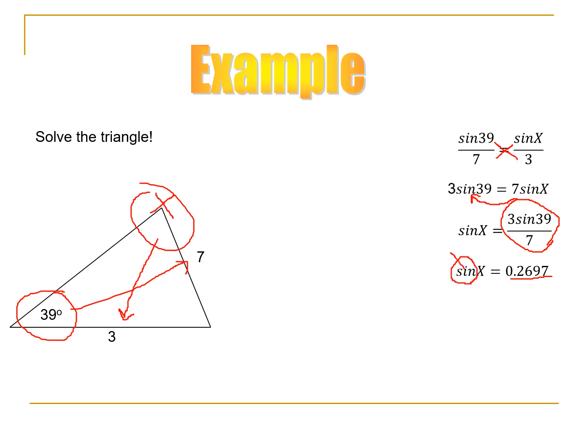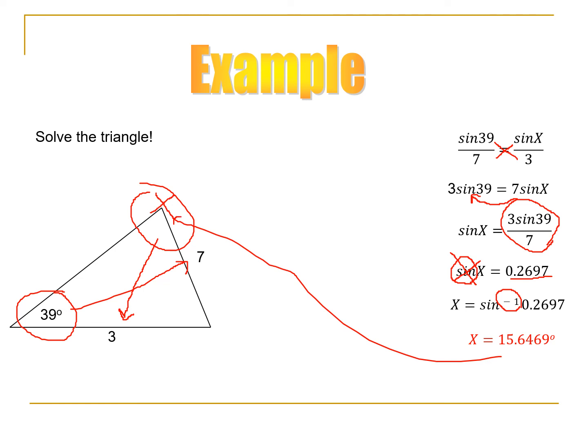How do we get rid of a sine? Think about it. We use sine inverse. To get rid of a sine, you do sine inverse on your calculator. Once you do sine inverse, you get the answer. That angle is approximately 15.69469.